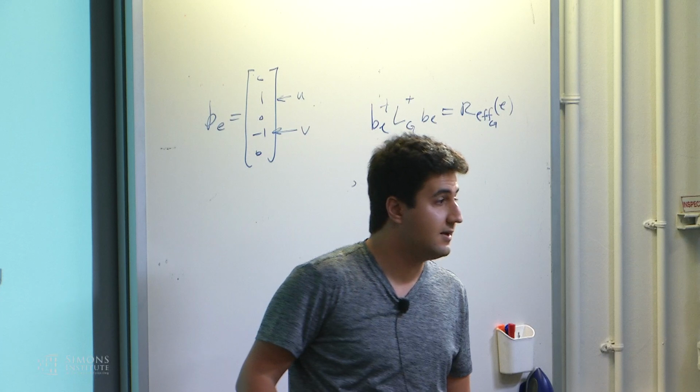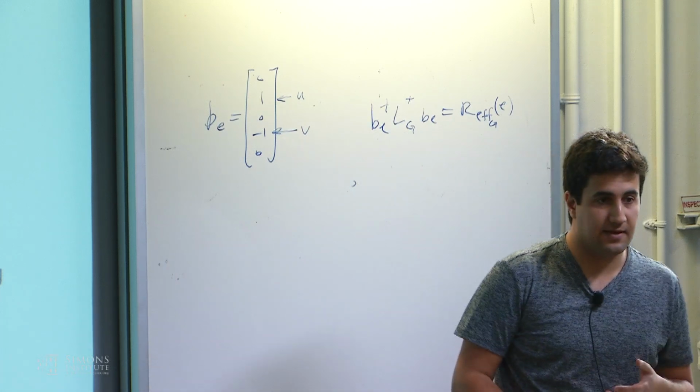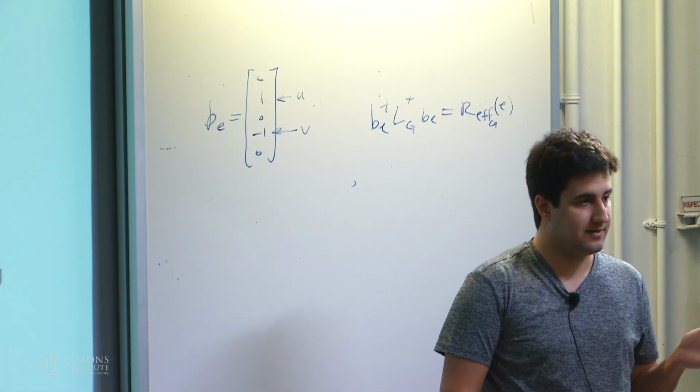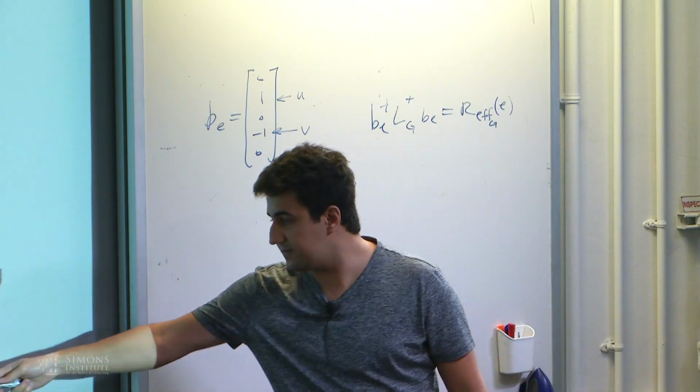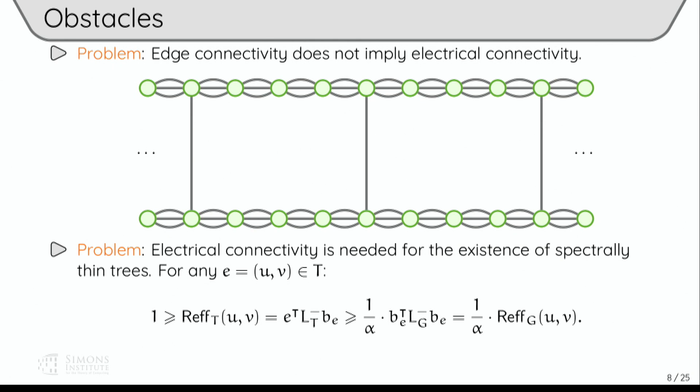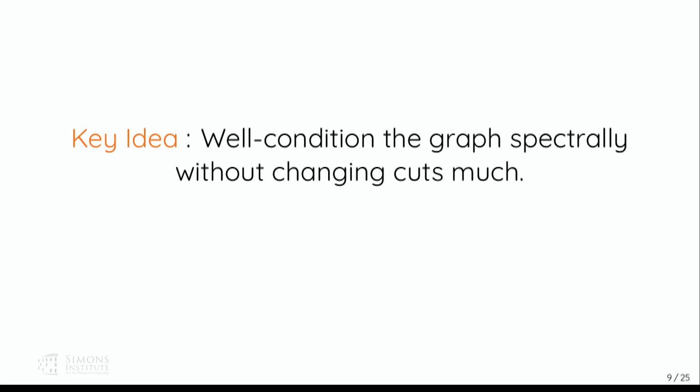But the effective resistance of any edge on the tree is exactly 1. So this tells you that the effective resistance on the graph must be bounded by alpha. So that's a necessary condition. We'll see later on that it's sufficient for the existence of spectrally thin trees.